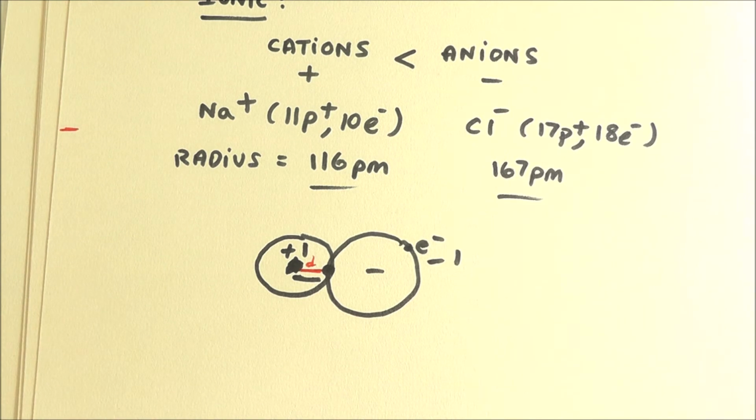Now, the positive charge is buried in the nucleus, and the negative charge is out in the outer shell. So that explains why ionic compounds are, A, solids at room temperature exclusively, but B, we're going to find out that it's really hard to separate them, and it takes a lot of energy.